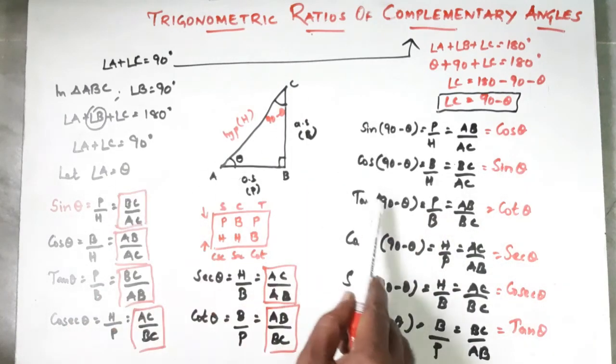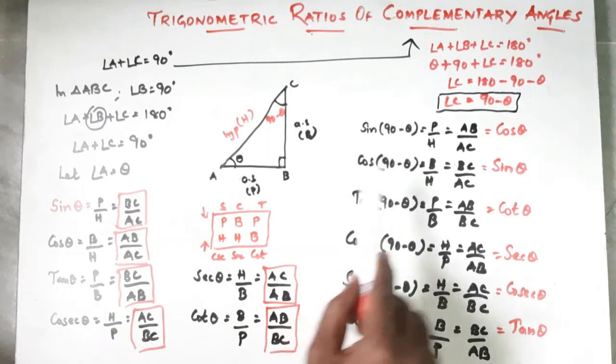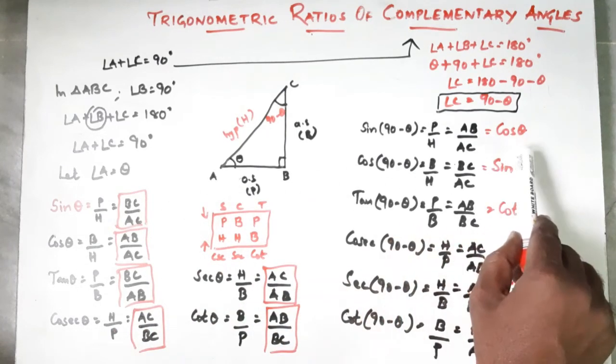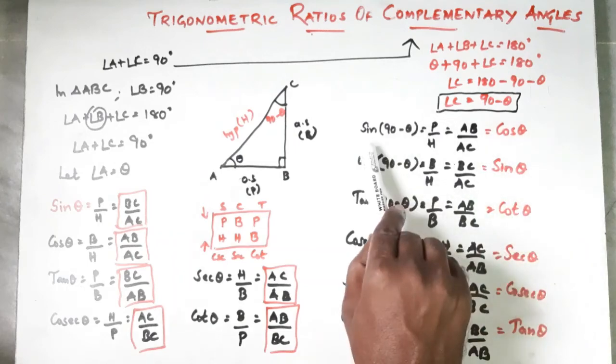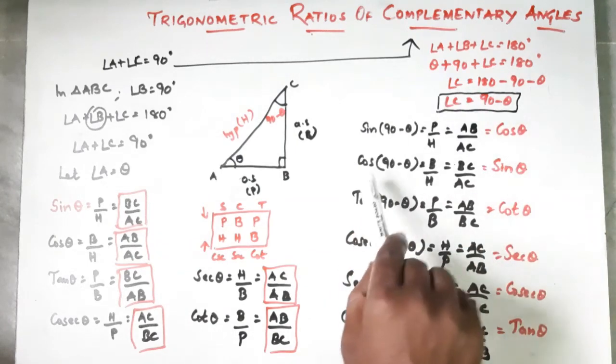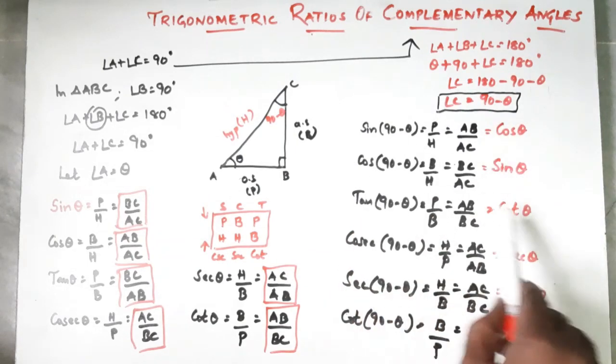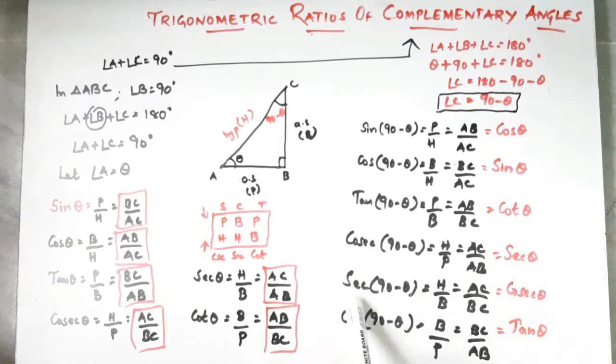Sine 90 minus theta means cos theta. For sine the complementary ratio is cos, for cos it is sine, for tan it is cot, for cot it is tan, for cosec it is sec, and for sec it is cosec. So these are the trigonometric ratios of complementary angles.